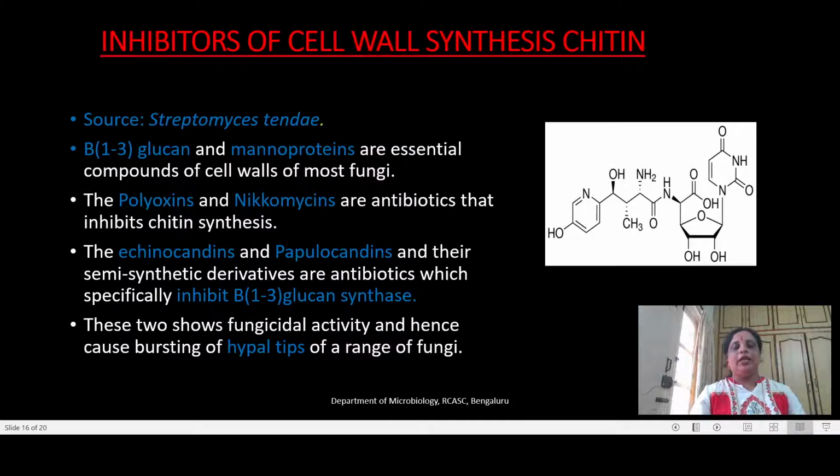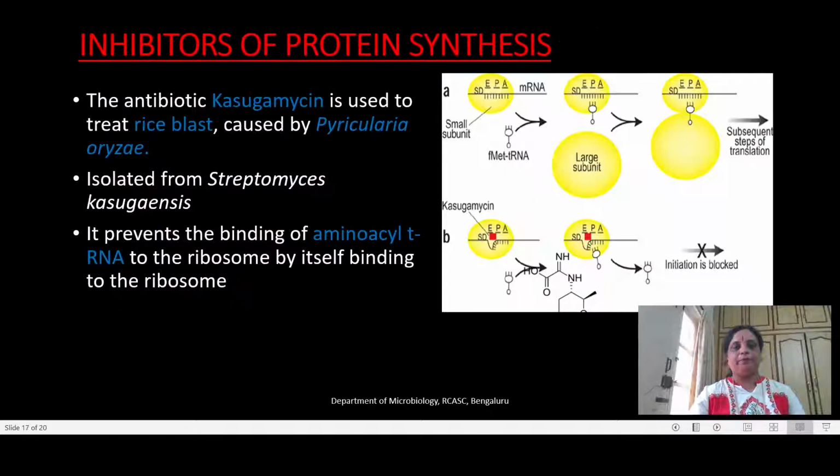Because of the lack of the enzyme beta-1,3 glucan synthase, the synthesis of the chitin is inhibited, because of which the deposition of the chitin onto the cell wall may not happen, which results in weakening of the cell wall of the fungi, resulting in the bursting of the hyphal tip. Because of the bursting of the hyphal tip, what happens? The fungal growth is stopped, and finally the death of the fungi happens.